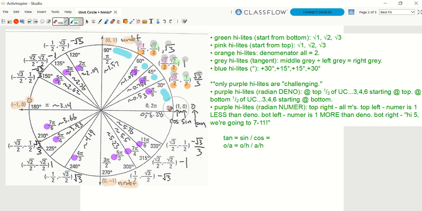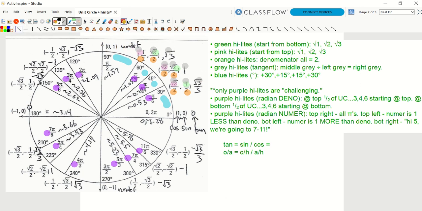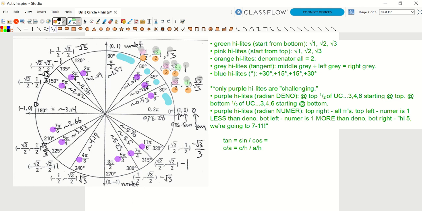Now let's start with the green and the pink highlights. The way I like to think about this is we're going to go around in a loop. With the green highlights, we run a loop around through the pinks. So we're only doing green and pink highlights now.